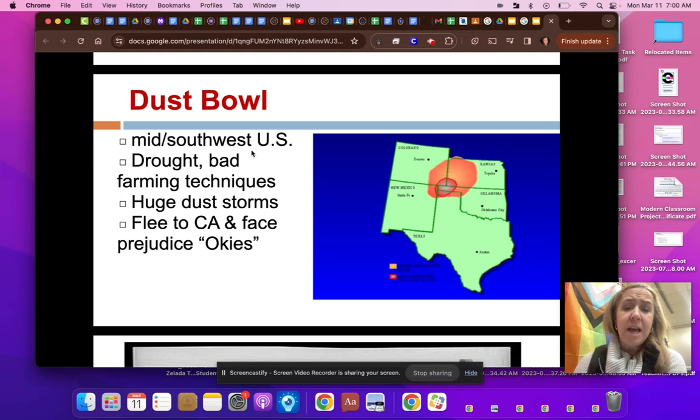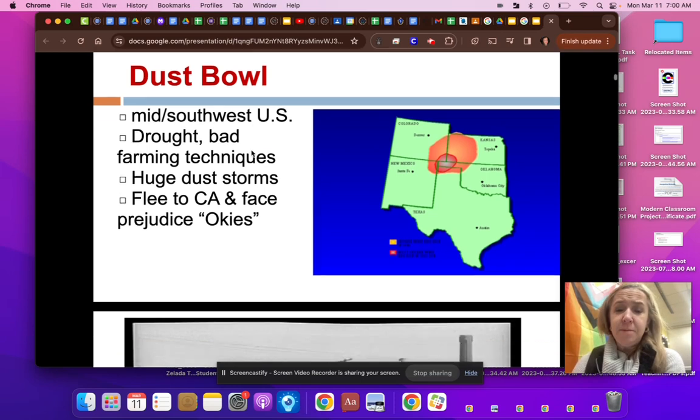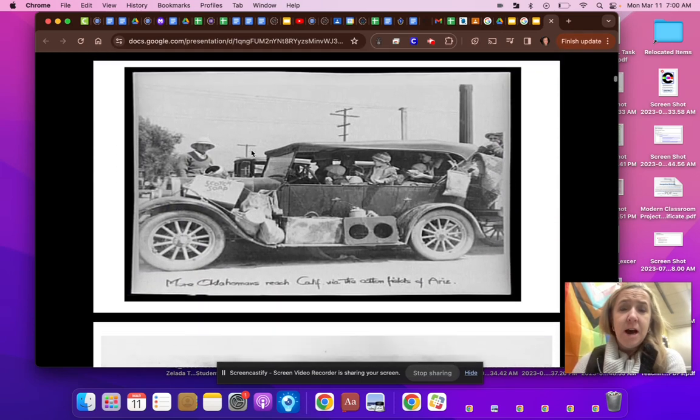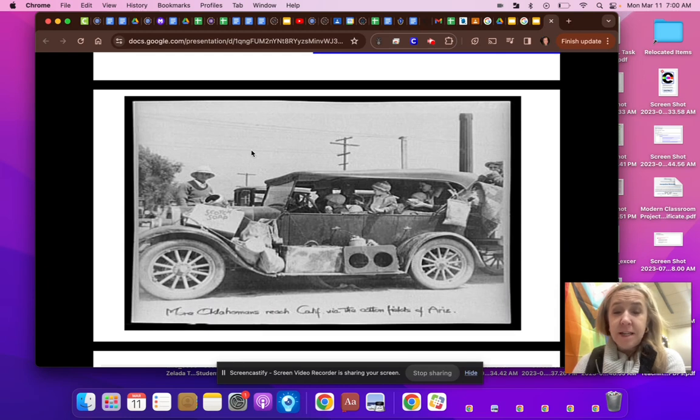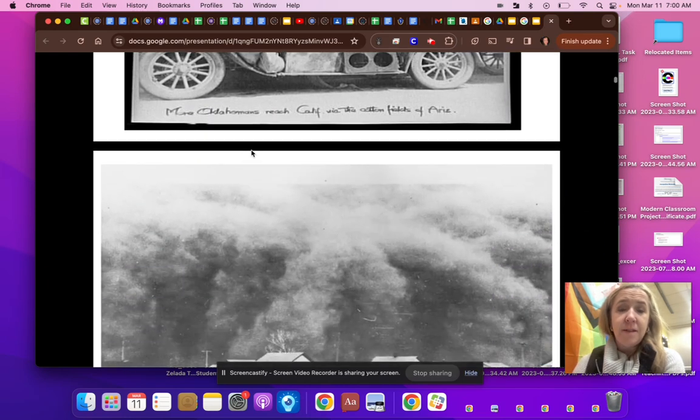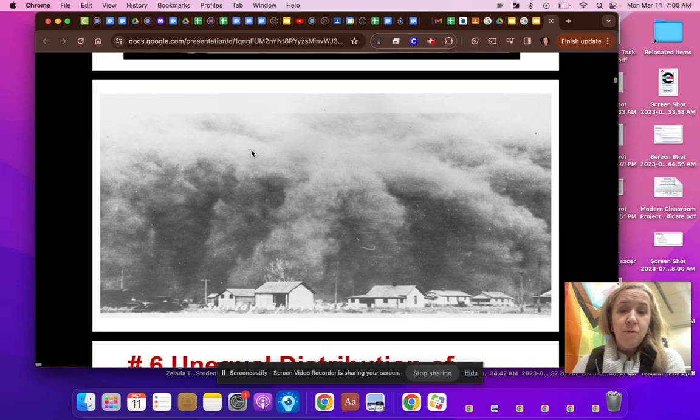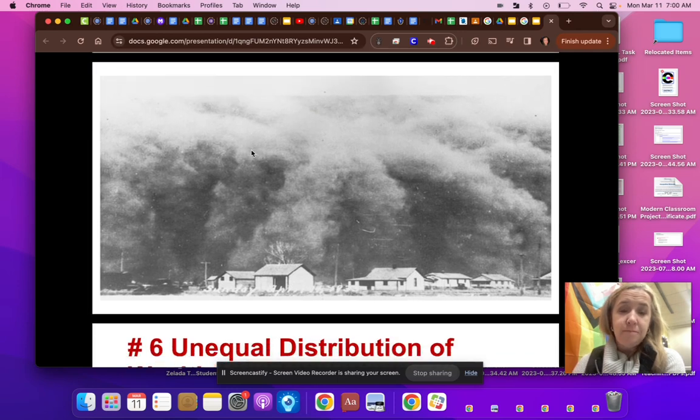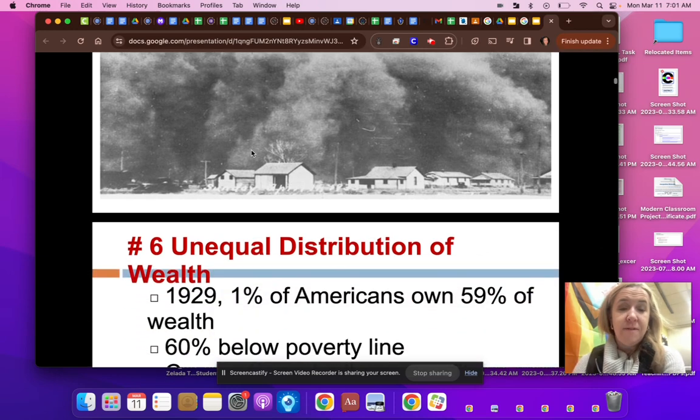So people fled to California and faced massive amounts of prejudice. You see here families in Oklahoma would pick up all that they had and move west. They just had to leave because of these dust storms.